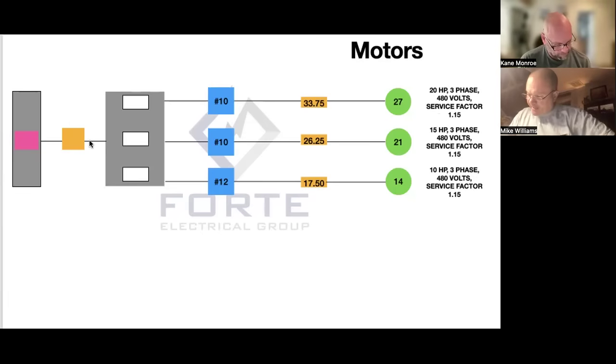Several motors and or motor loads. So make sure that says step number 5. What we've got to do is take 125% of the FLC of the largest motor.